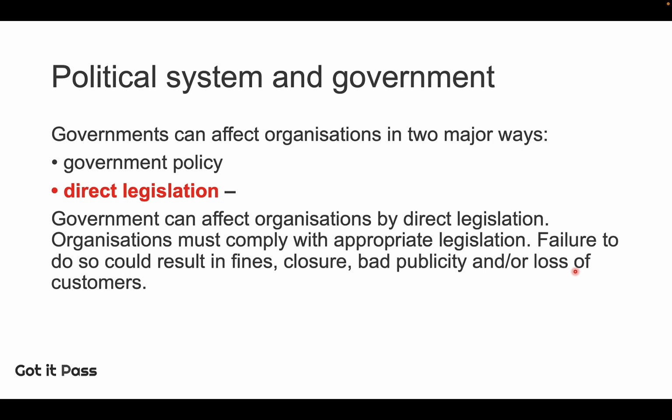So for many industries, they have specific legislation that they have to comply with. One example is food product. For food product, there's a food labeling law governing the food industry. If your business is in the food industry, you have to follow the specific legislation for this industry by the government.